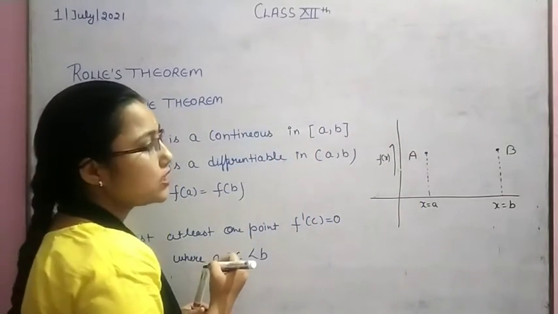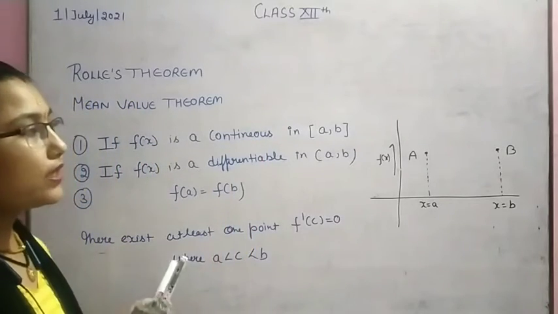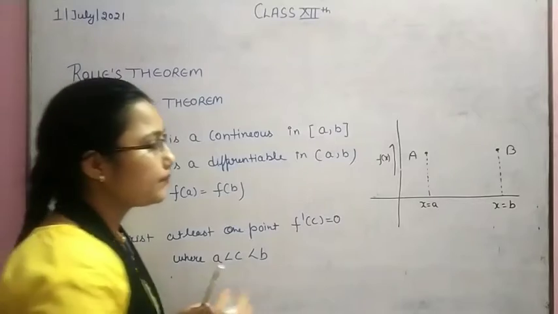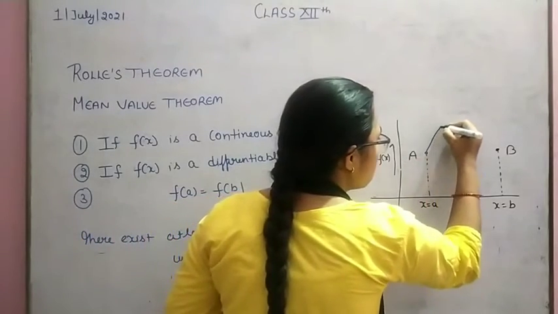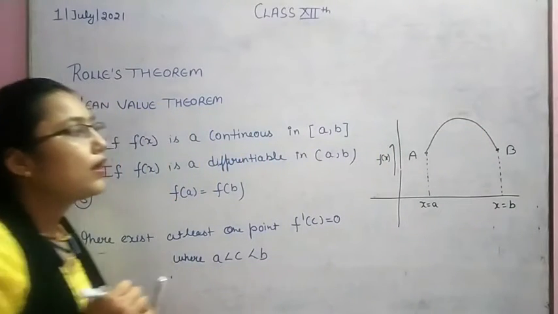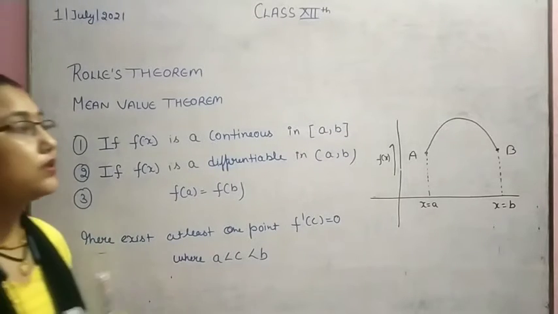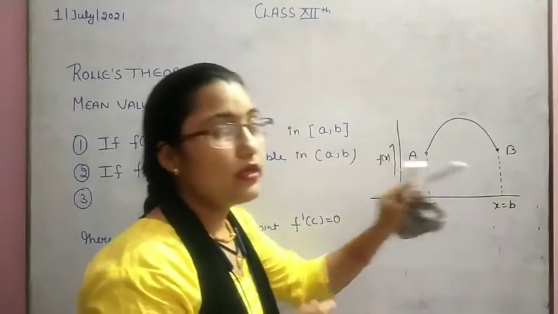a continuous graph. Continuous graphs are those graphs which we can draw without lifting the pen. So in a simple way we can draw like this, A and B, a curve AB. Now the function is differentiable, that means the graph should be smooth.